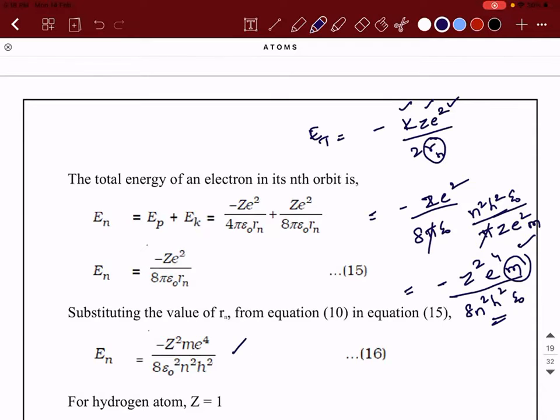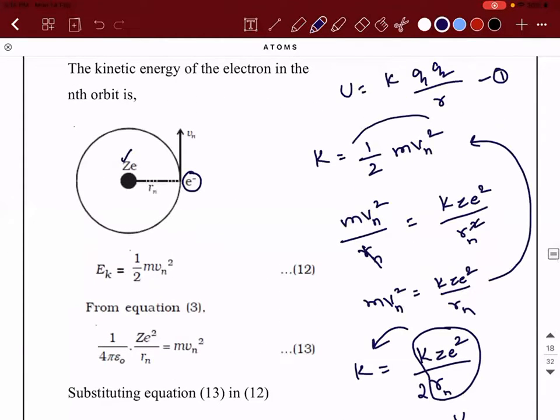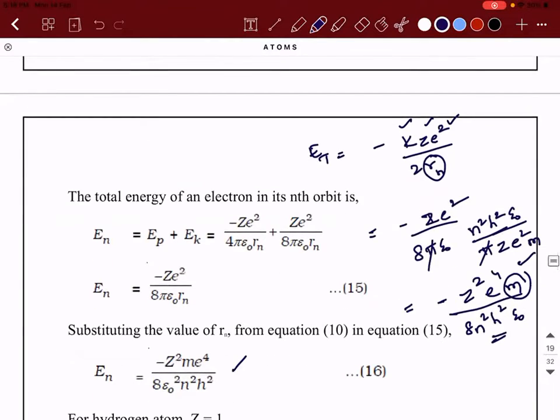So what happened to m? Kinetic energy is half mv square, correct? Then what is the next step I applied? Centripetal force is equal to Coulomb's force. When I apply that, I got mv square divided by Rn. Okay, sir, understood. Then what I did is, in the place of Rn, I substituted the actual expression for Rn. Yes, sir, understood.